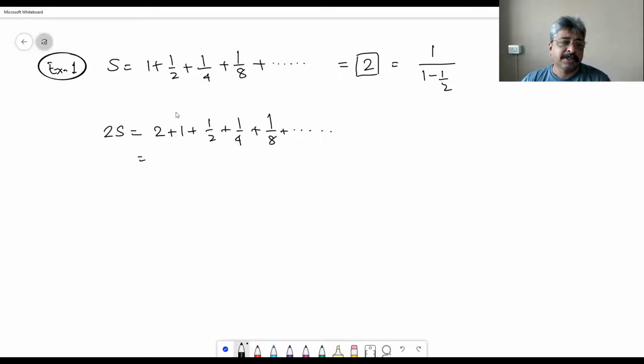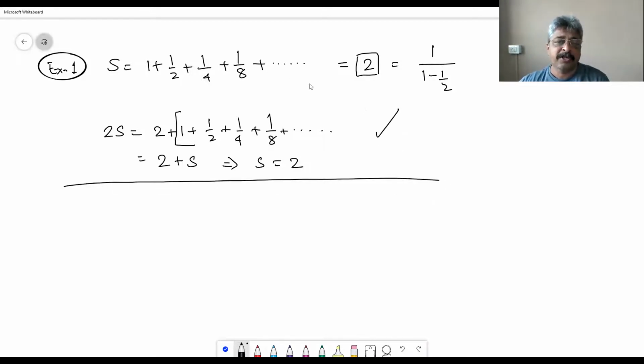Out of this s, therefore s is equal to 2. This is okay. Slide and subtract type of quantity only. Same as this actually. But now there is one more method of doing it. Okay, so this is correct. No question about it. Dot dot dot means it tends to infinity.